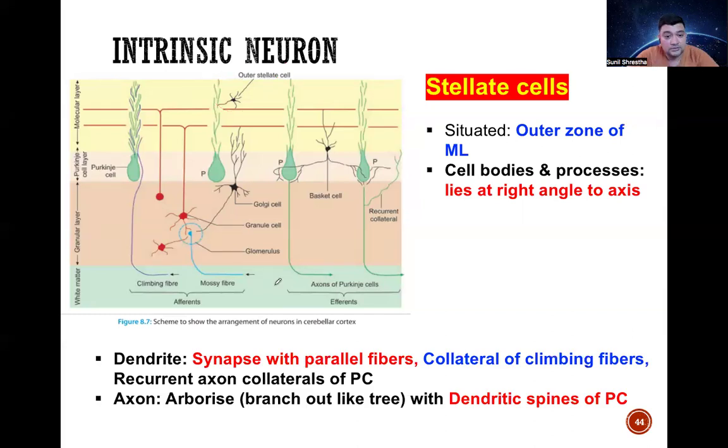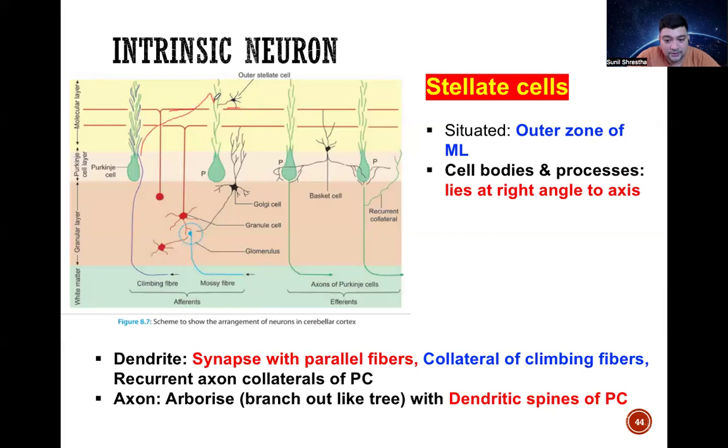Now dendrites. The dendrites form a synapse with the parallel fibers. There are some parallel fibers moving here that come from the granule cell layer. So they form the parallel fibers. Some collateral fibers come from the climbing fibers, and they might reach somewhere here in this region.